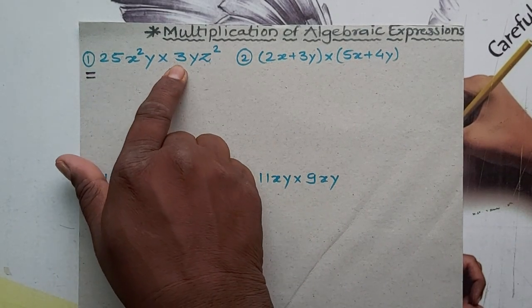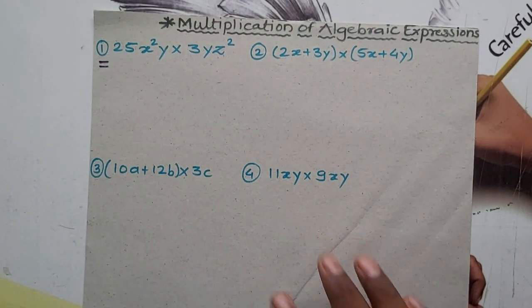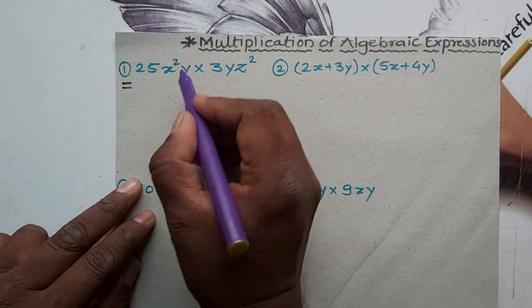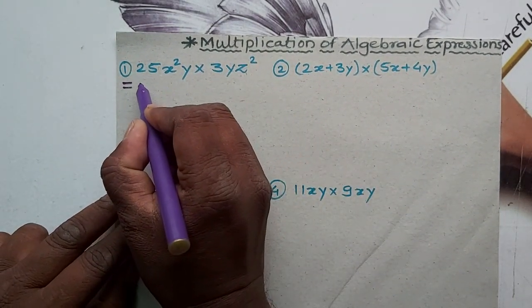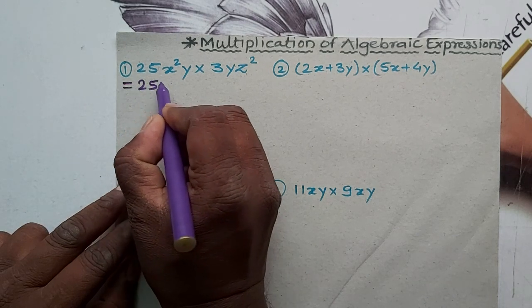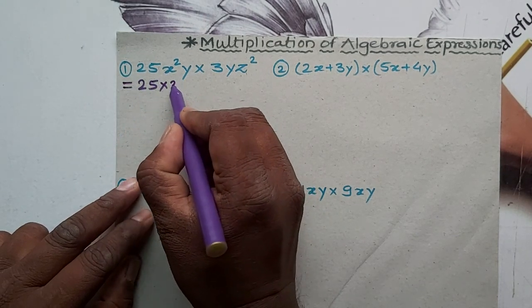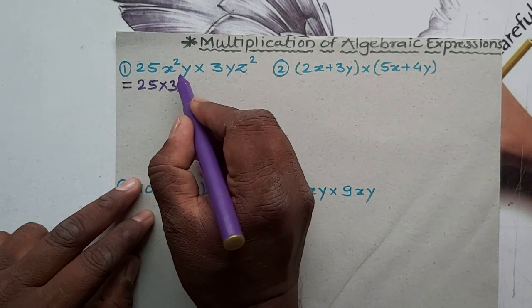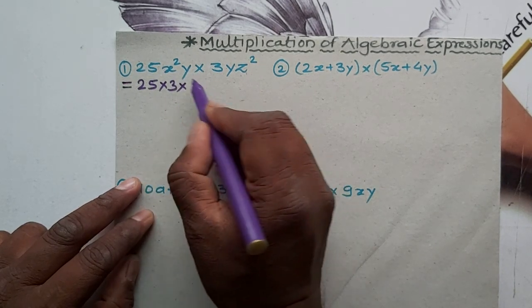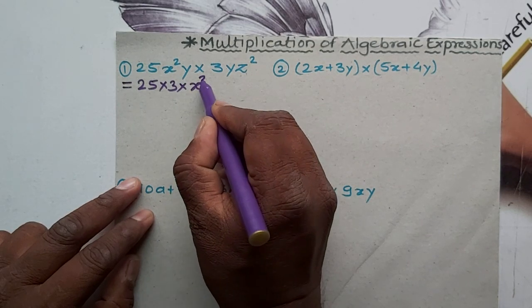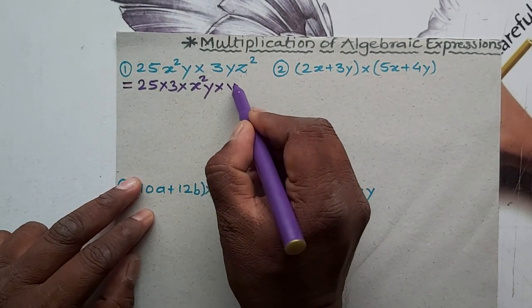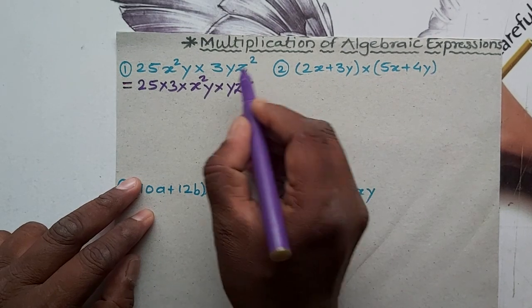Monomial multiplied by monomial. Okay, so what we have to do: first we have to multiply the coefficients, meaning the numbers. So 25 multiplied by 3. Then we have to multiply the variables, so x square y multiplied by y z square.